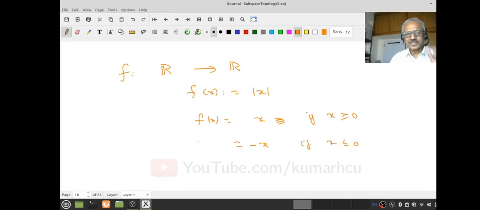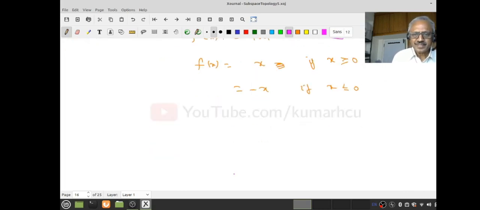Now on the non-negative axis, it is x, whereas here it is minus x.